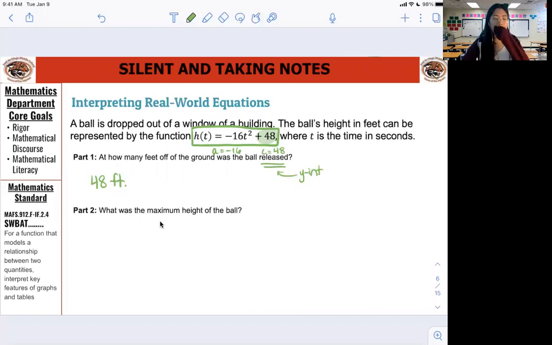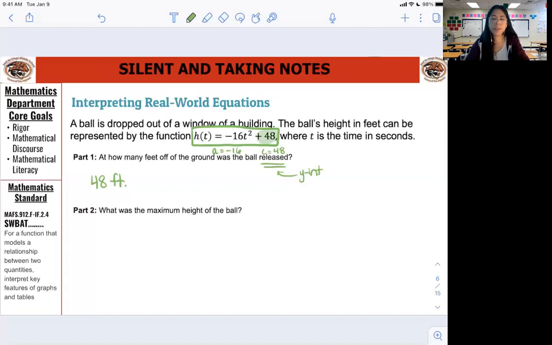Now, maximum height. Here's the same type of question. Do I know the maximum height just by looking at my equation? What type of equation is this?